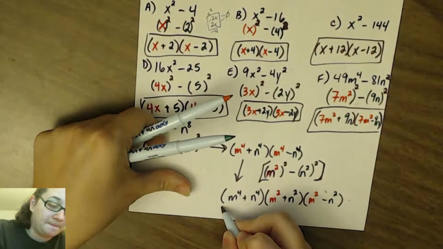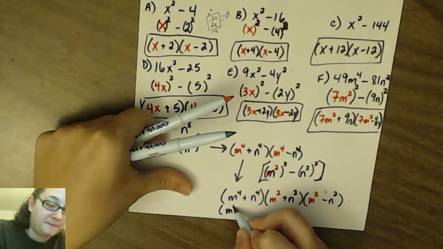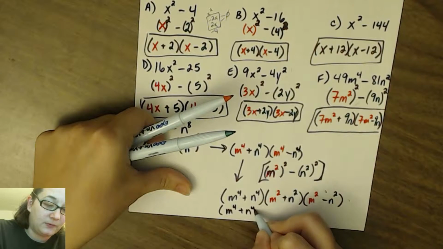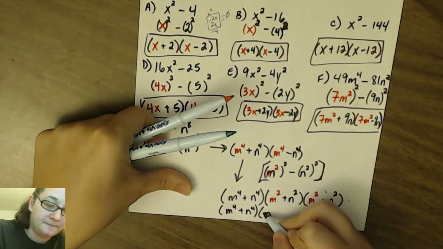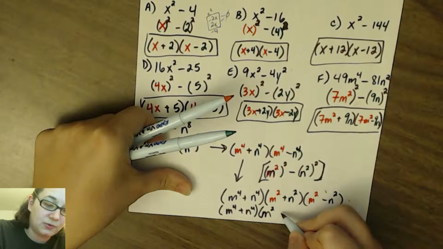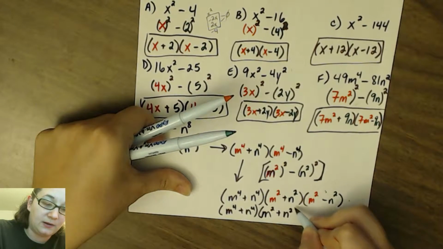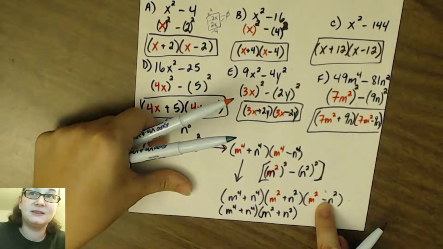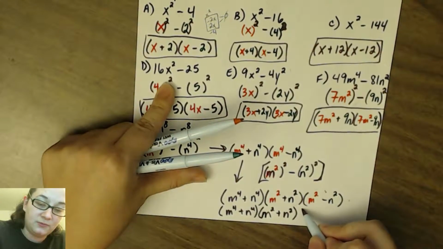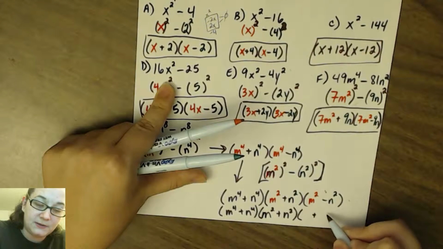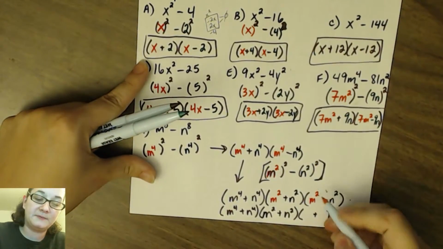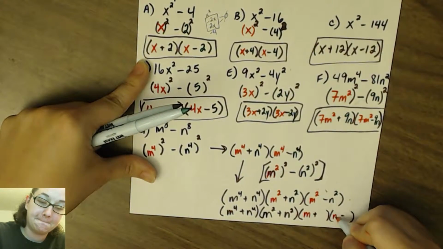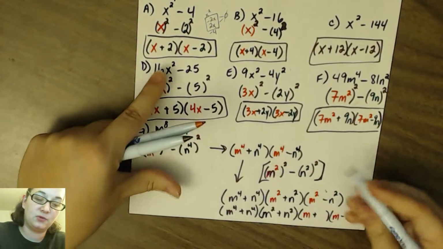So m to the 4 plus n to the 4, m squared plus n squared, and this is going to break out into one with a plus, one with a minus. The square root of m squared is m, and the square root of n squared is n.